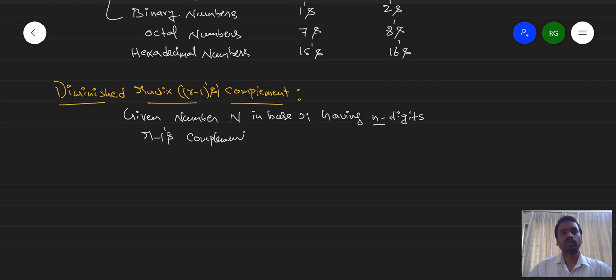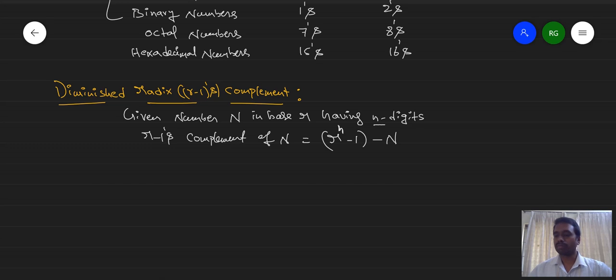Then the r minus 1's complement of N is given as r power n minus 1 minus N. So this is the general formula where small r indicates the base of the number system. If the number system changes, the base value also changes, and small n indicates the number of digits in that number, and capital N is my actual number, right?